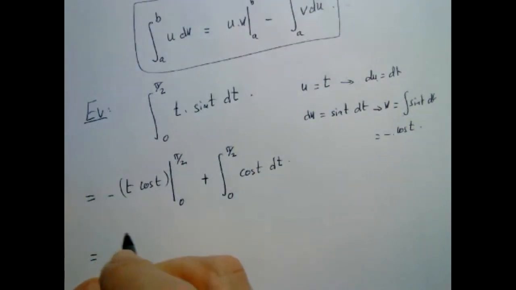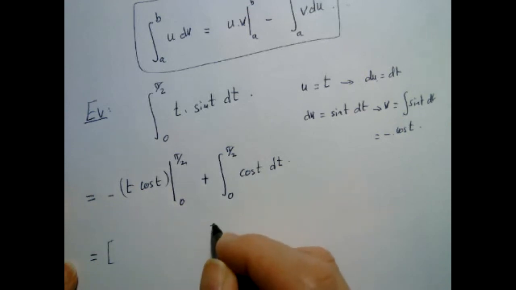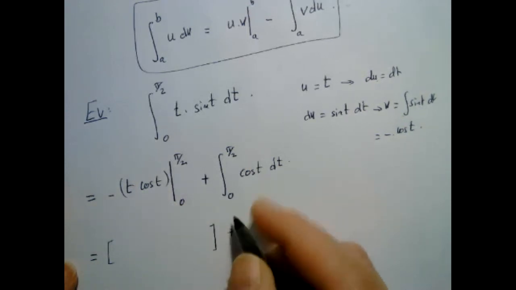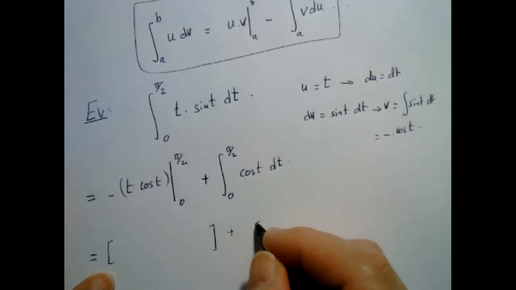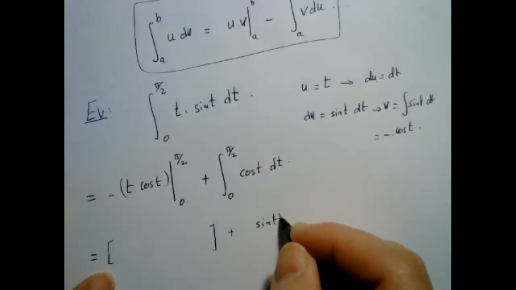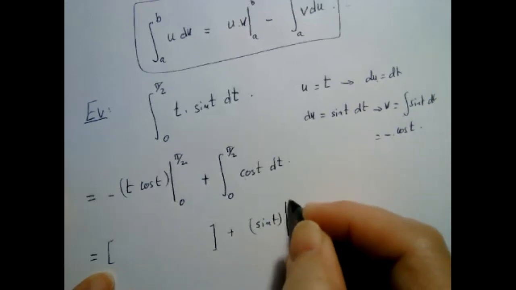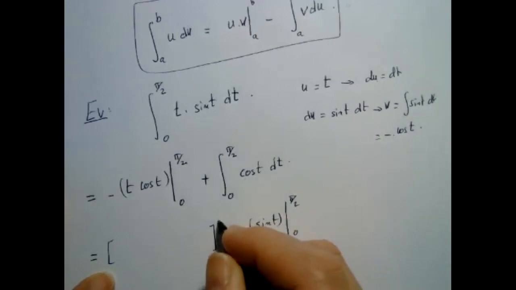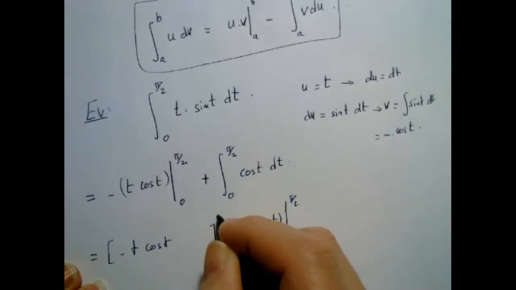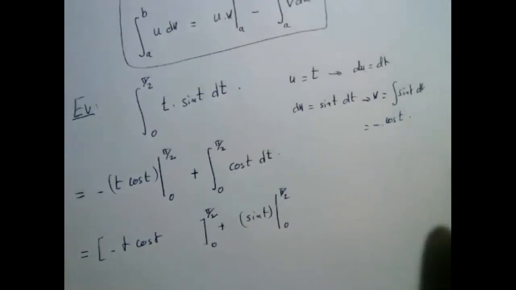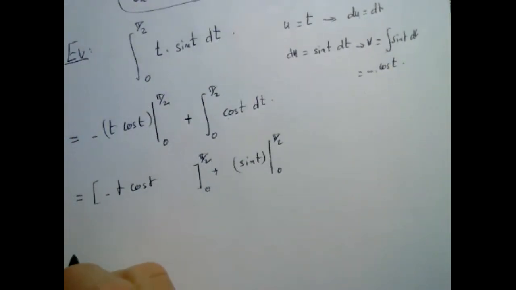So finally, this is equal to, evaluate this piece, plus the antiderivative of cosine, that's sine of t, evaluated between 0 and pi over 2. So this is minus t cosine t, plus that. Now we just do the evaluation.